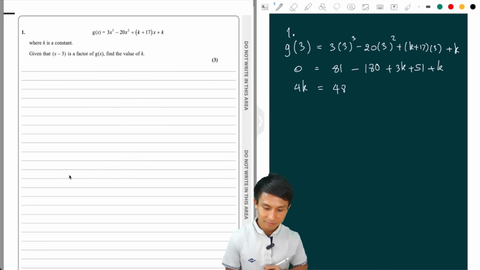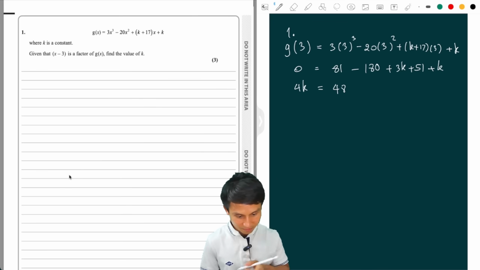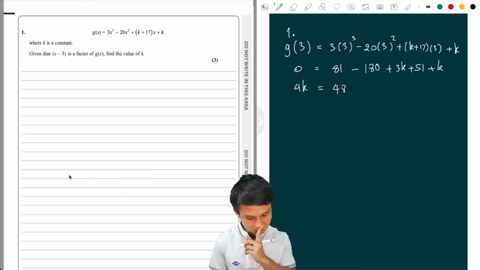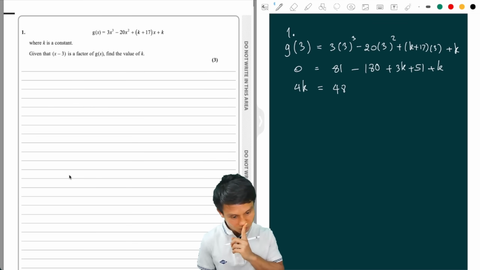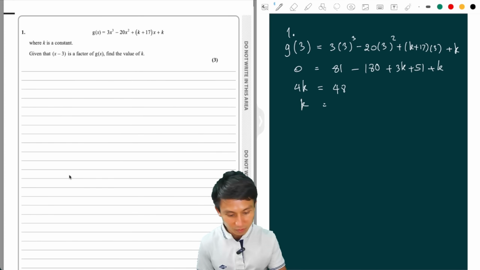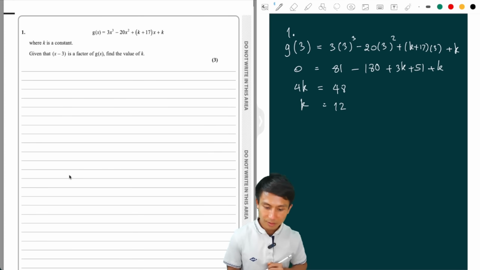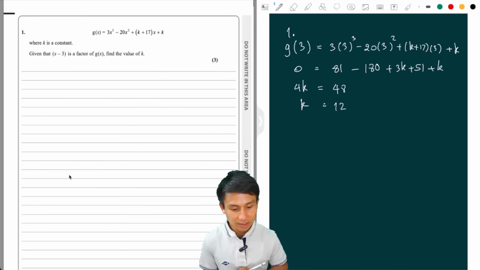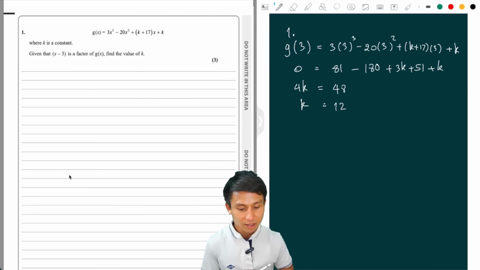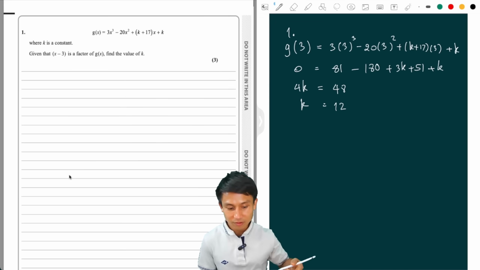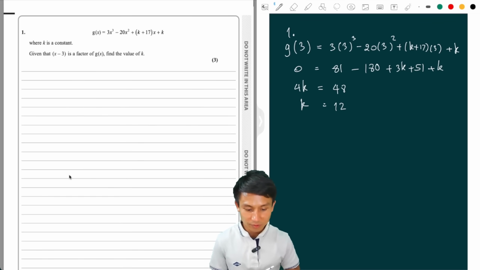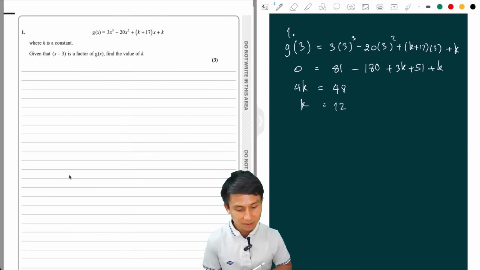Let me double check here, 132, yes, 48, so k equals 12, right? Yeah, because we move it to the other side. Let me double check everything again. After this walkthrough, I'll mark the paper as well because I didn't know the answers yet. All right, I think I'm happy with that.